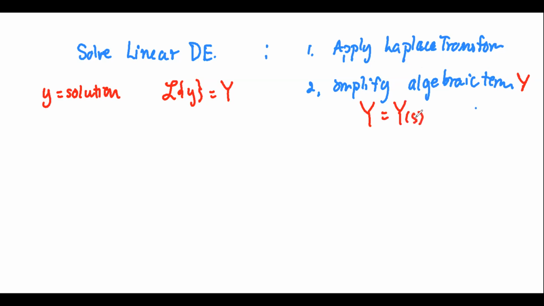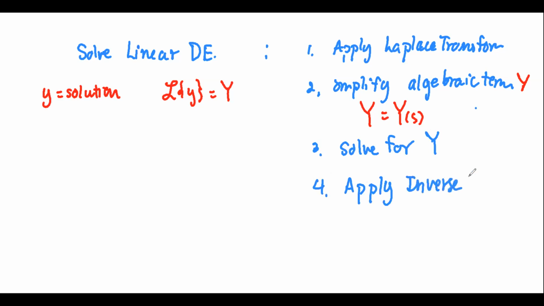Okay, and then after you get the expression, you simplify and solve for the capital Y. Okay, solve for capital Y. And the last step, you apply the inverse Laplace transform. So at this step, we're gonna do it backwards.